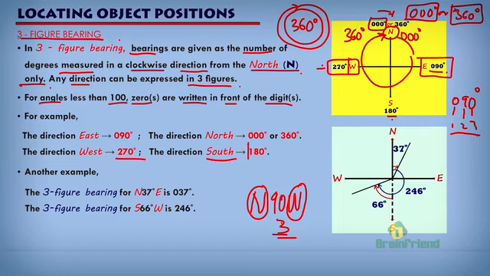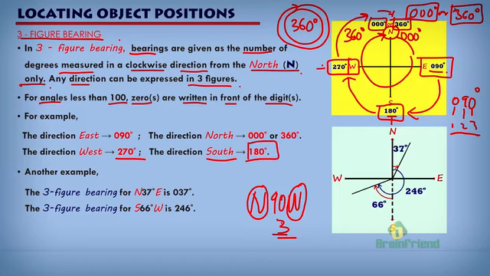In the same way, the south is 180 degrees. Moving from the east to the south, you add 90 to get 180 degrees. From the south to the west, you add 90 to get 270 degrees. And from the west to the north, you add 90 to get 360 degrees. So this is how we write in the 3 figure bearing.